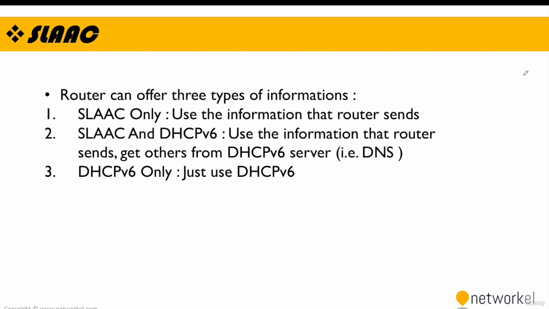Okay, so if we have a look at the SLAAC option, a router can offer three types of information to assign dynamic IP address configuration. The first one is SLAAC only. In this option, the router offers to use the information that only the router sends.